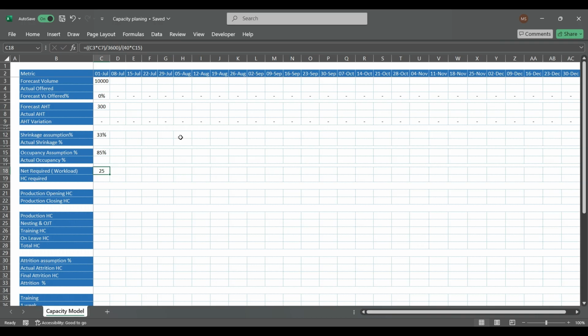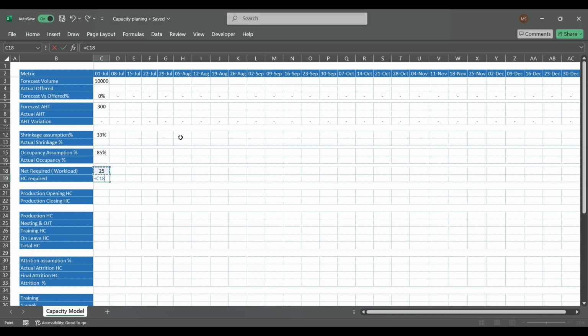After that I'll add the 33% shrinkage. You are also aware of the industry standard formula. Once we calculate the headcount requirement, most of the time people multiply the total net required by 100 plus the shrinkage percentage. In some instances this might seem correct, but this is not the correct formula.